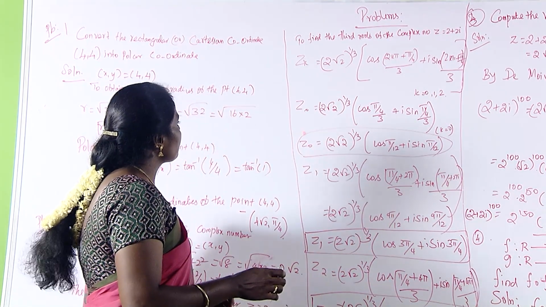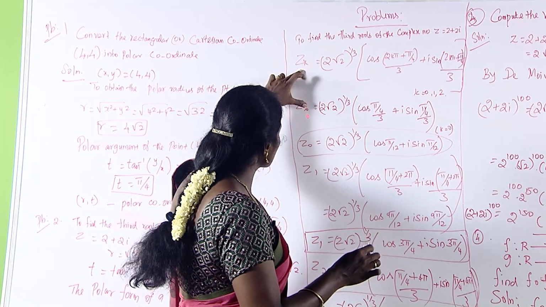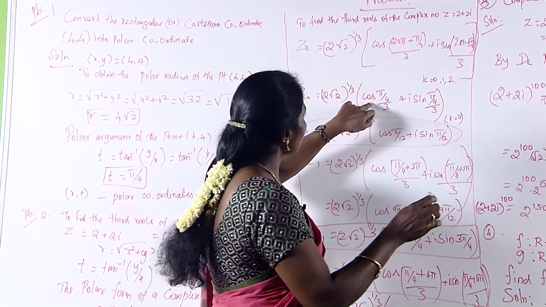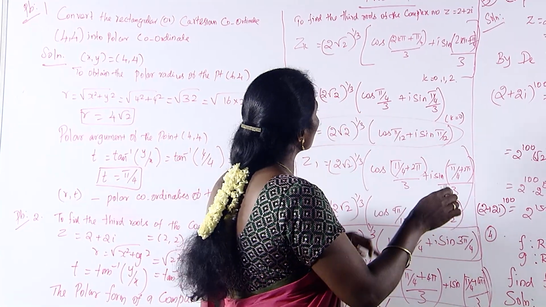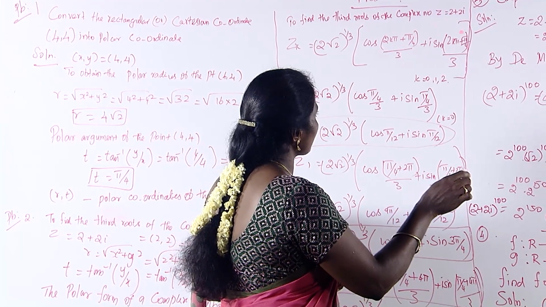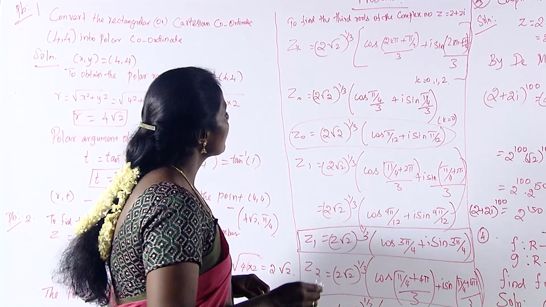So, first we substitute the value k equal to 0. So, k equal to 0 means z0 equals (2 root 2) to the power 1 by 3 times cos, and for k equal to 0, 2kπ is 0, okay. Therefore, cos (π/4)/3 plus i sin (π/4)/3.